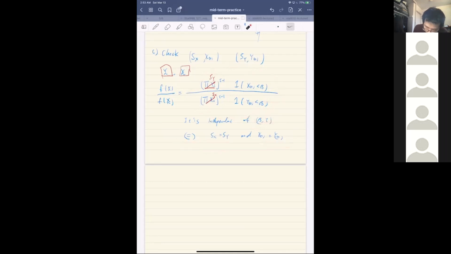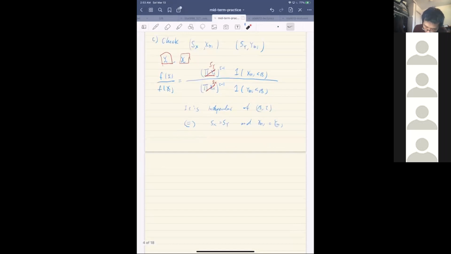Okay. So this part is easy, it's obvious. If these two are the same, then it's easy. And for the other direction, if these two are not the same, then it should depend on beta, and if these two are not the same, then it depends on tau.